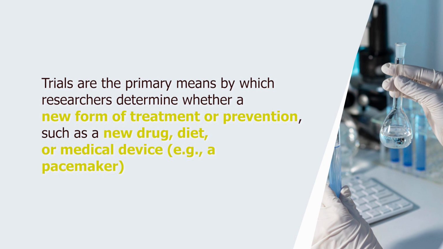These trials are the primary means by which researchers determine whether a new form of treatment or prevention, such as a new drug, diet or medical device, for example a pacemaker, is safe and effective in people. A clinical trial is often designed to find out if a new treatment is more effective or has fewer harmful side effects than existing treatments.